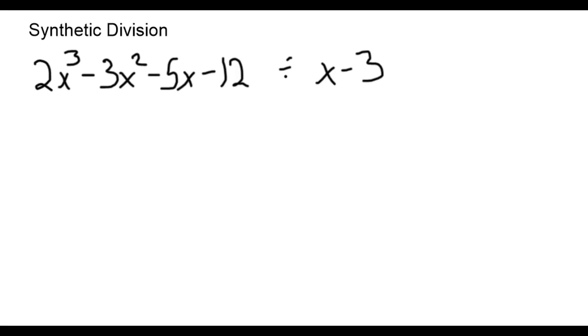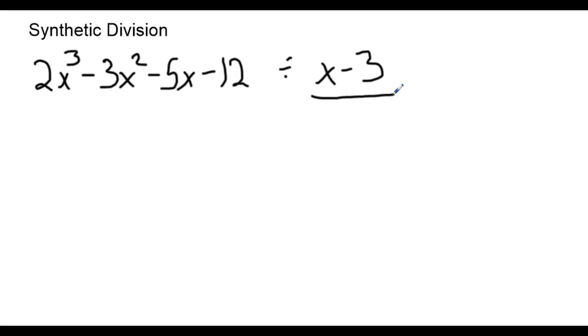Back to synthetic division. We got 2x cubed minus 3x squared minus 5x minus 12 divided by x minus 3. The only way we can use synthetic division is if what we're dividing by is a linear binomial.